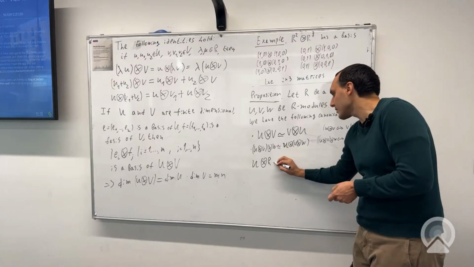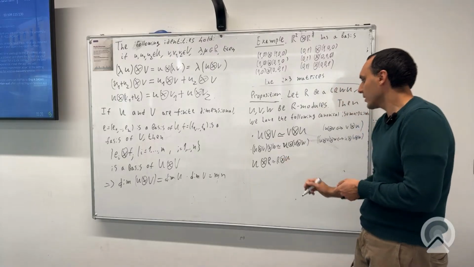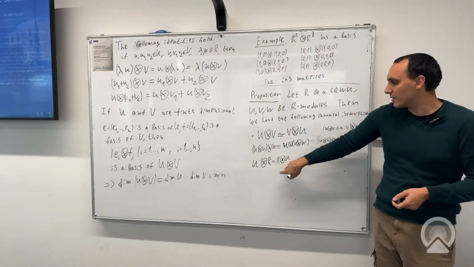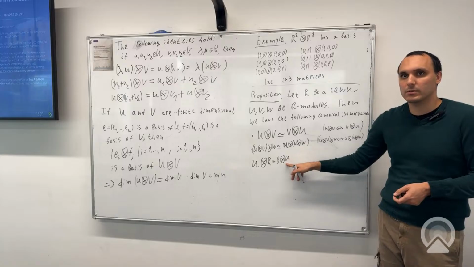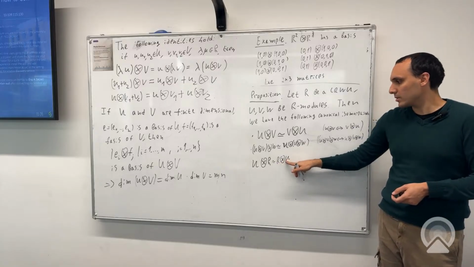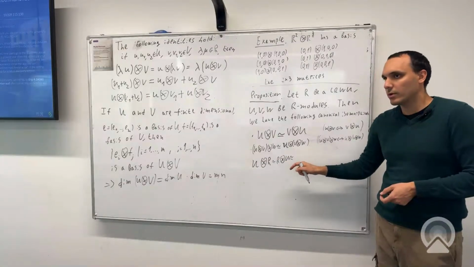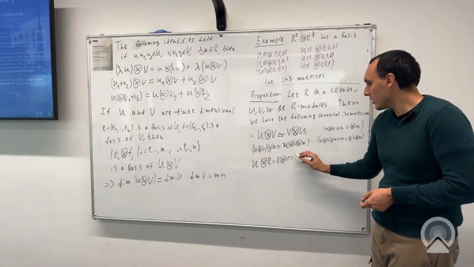Okay, but what else? What's the dimension of this thing if this is finite dimension? This is one. So this is itself. So this is isomorphic to U. Like this acts as a unit.